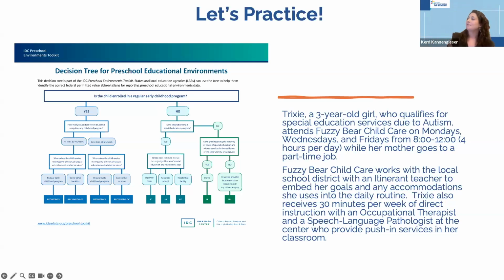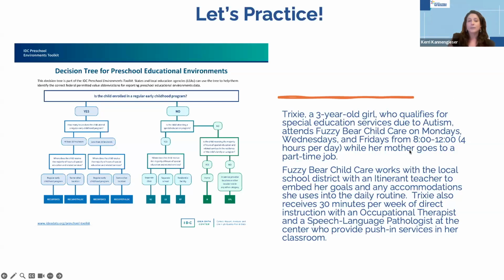So here's one piece of practice. If we have Trixie, a 3-year-old girl who qualifies for special education services due to autism, she attends Fuzzy Bear Childcare on Mondays, Wednesdays, and Fridays from 8 a.m. to 12 p.m., so for 4 hours a day for 3 days, while her mom goes to a part-time job.